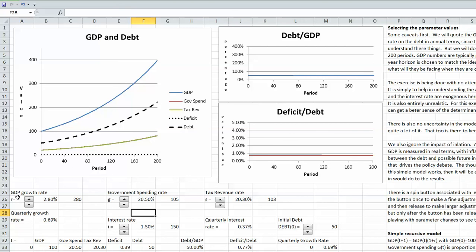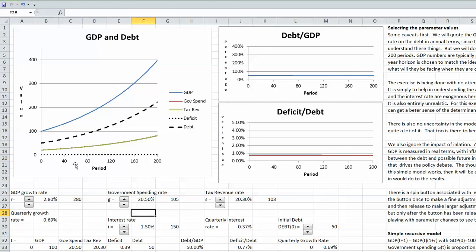For those countries where R is greater than I, you can have this sort of balanced growth where the debt to GDP ratio is perfectly flat with a structural deficit. This deficit is persisting for the whole 200 periods. A lot of the discussion about debt and GDP are implicitly assuming that R equals I, and that really doesn't need to be the case.